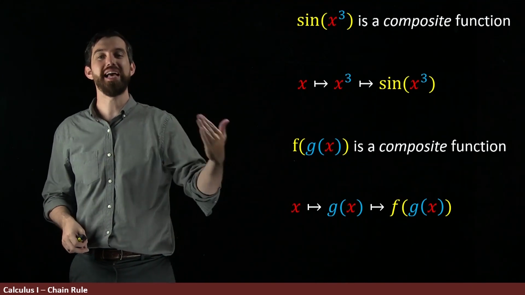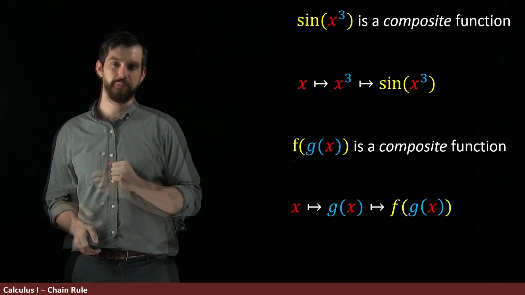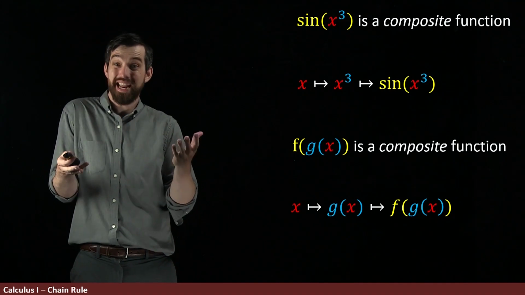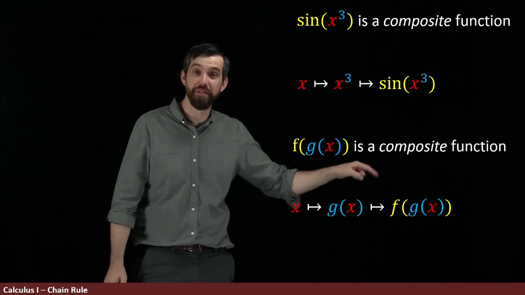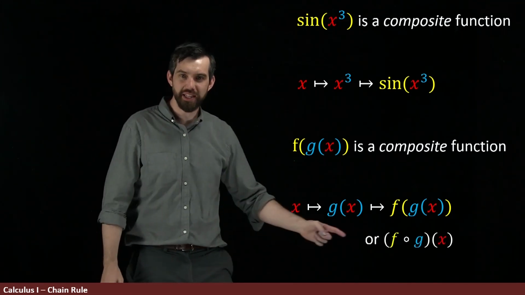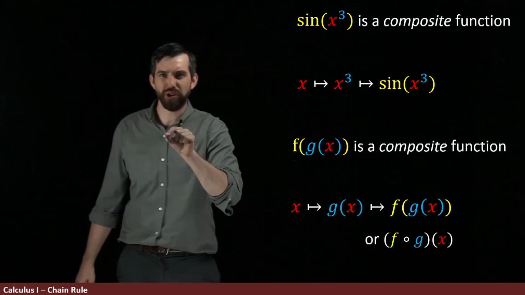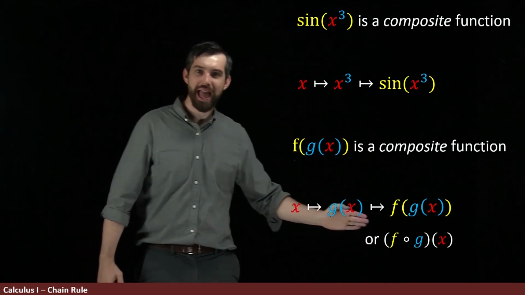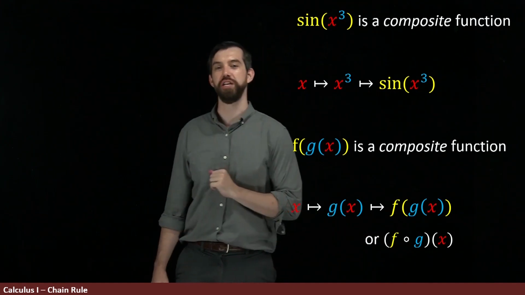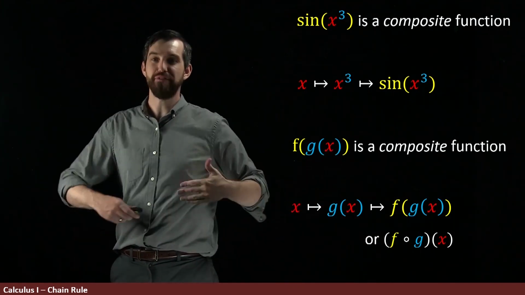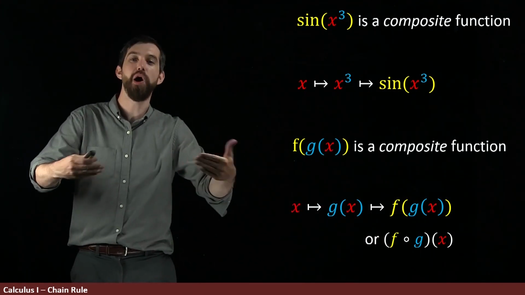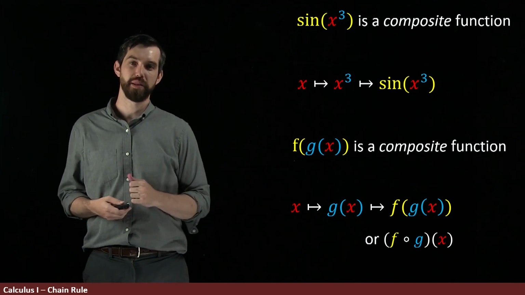You think of it as a composite function. Another way, by the way, to notationally write f of g of x that you might see is f, with this little circular dot meaning composed, so f composed g of x. And you'll see both f of g of x and f composed g of x.